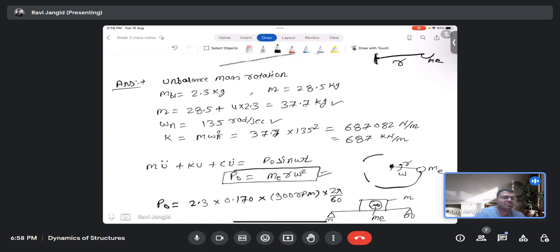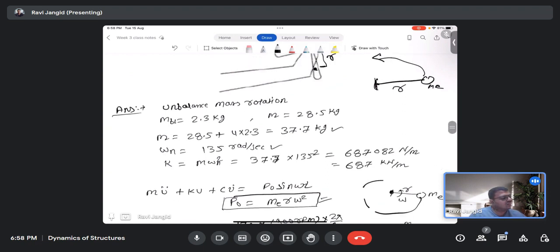If a system is given initially with mass and stiffness, and you know the omega n of the system, you can find out k. Now if your mass changes, it will vibrate at another frequency; the natural frequency will not remain the same. But the stiffness will be the same. Yes. Okay, sir.